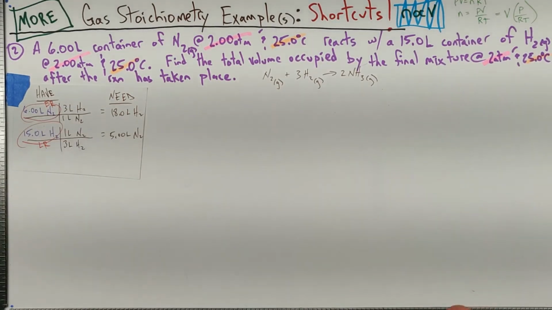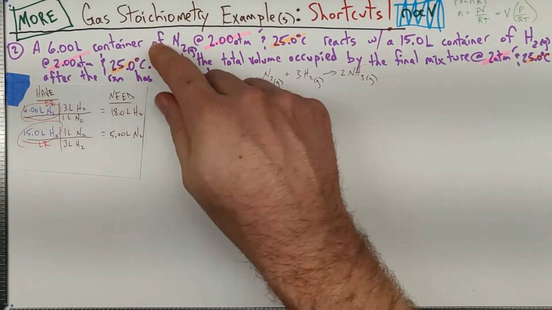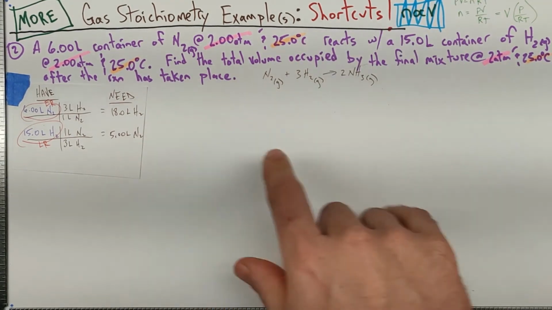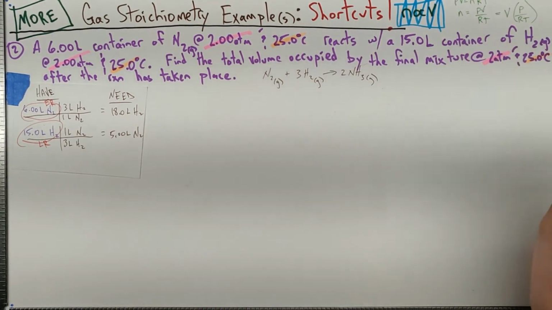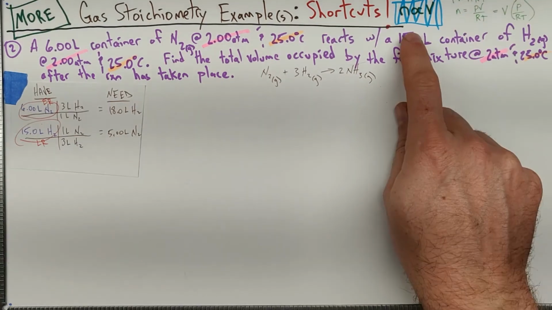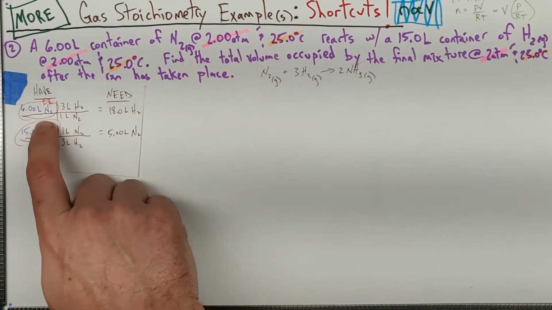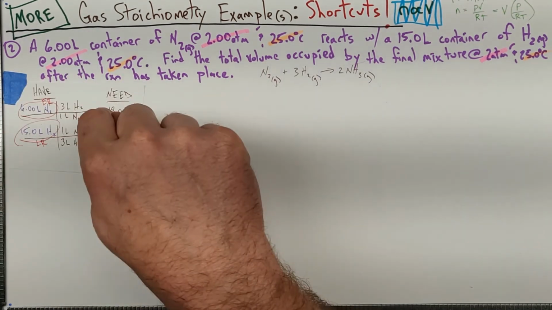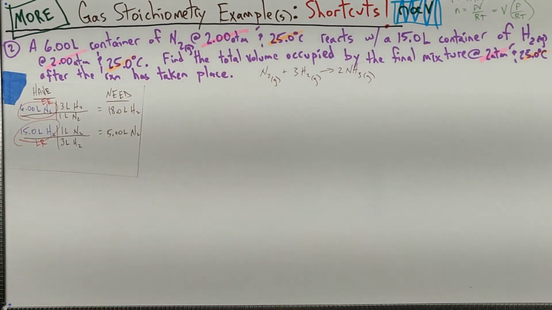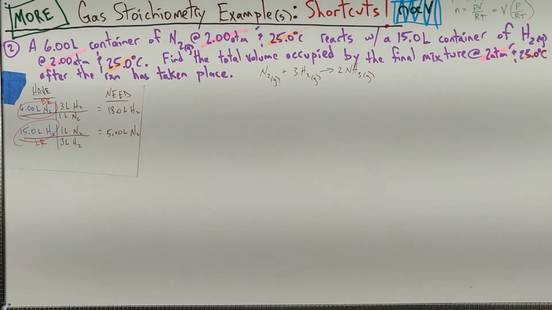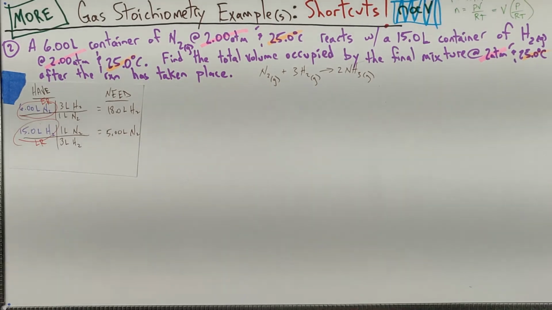Once again, the big difference here, normally stoichiometry we'd get moles, but if PV equals nRT, we can get a proportionality between moles and volume, and then we can do our stoichiometry with volumes. In short, this is different because we're using volumes to do the stoichiometry instead of moles. We're going to get the same stuff we normally get.